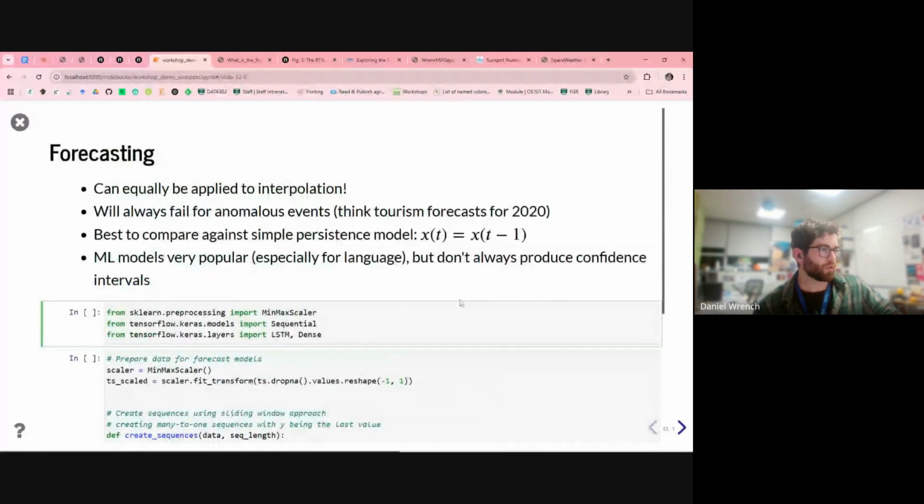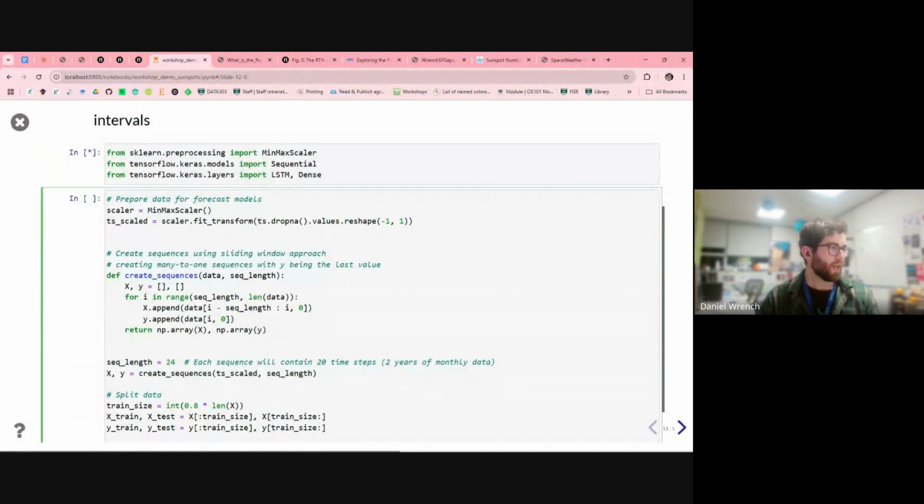So what we'll do is we'll just go through a little bit of the pre-processing for time series forecasting. We're using scikit-learn and TensorFlow when we get into the neural network-based forecasting models. What we're doing here is scaling the data to make it more manageable for the model.